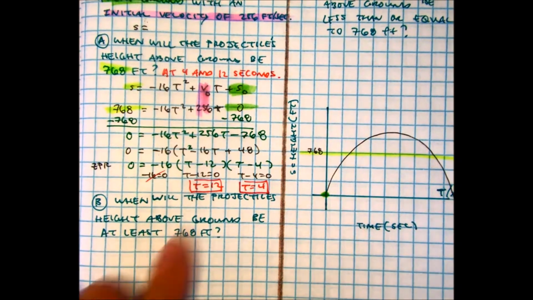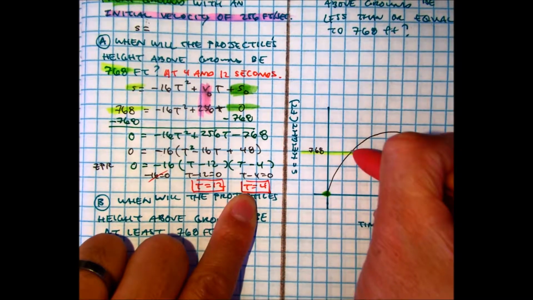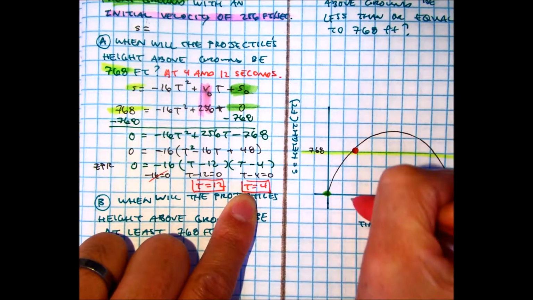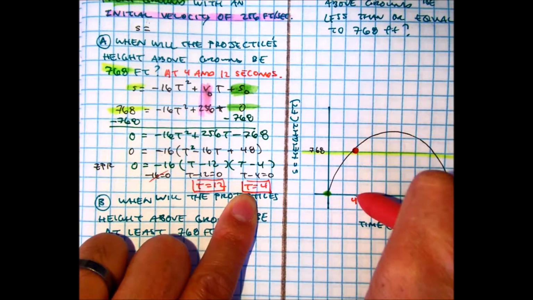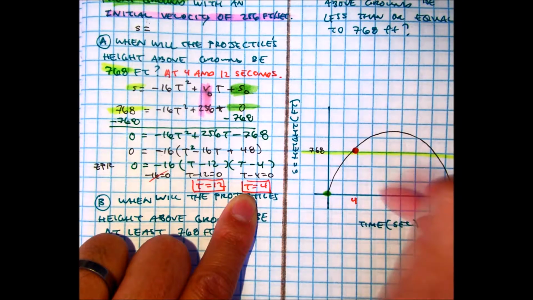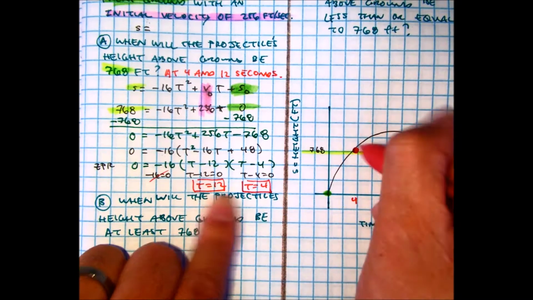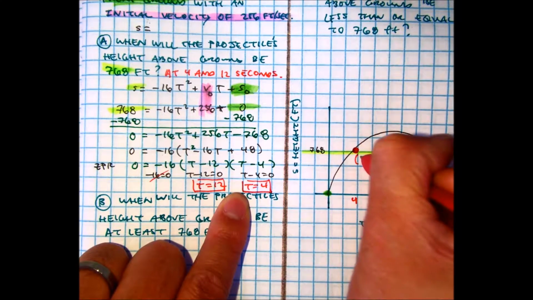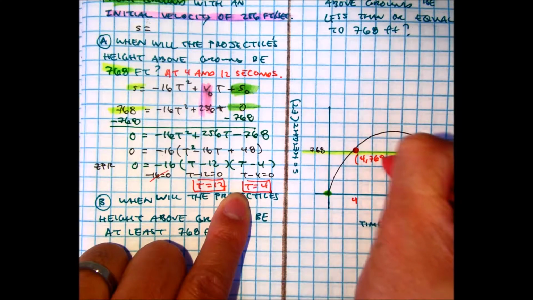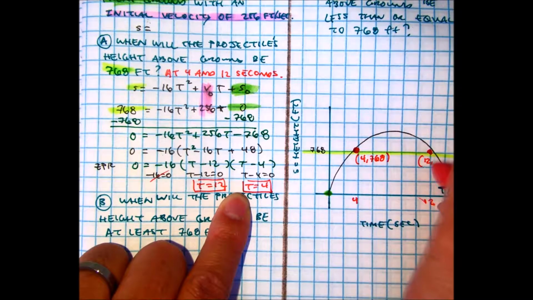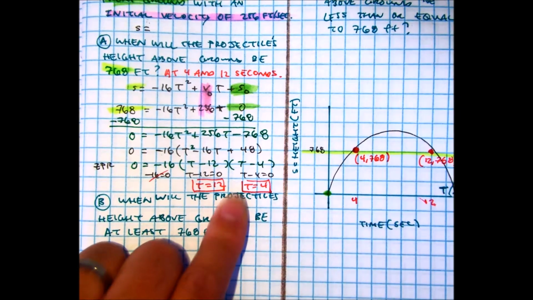What does that mean? At this particular point, it is at 4. I don't know if I have drawn to scale. And at 12, they are at 768 feet. So 4, 768, 12, 768.